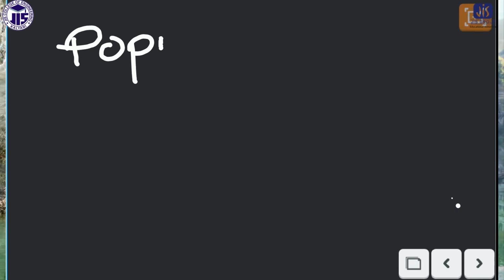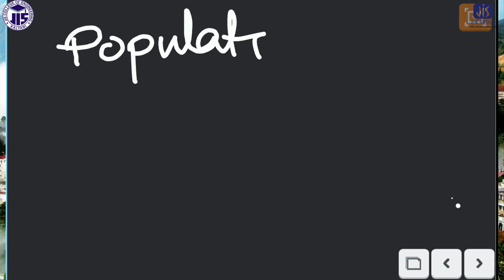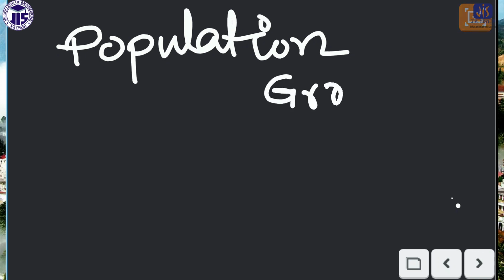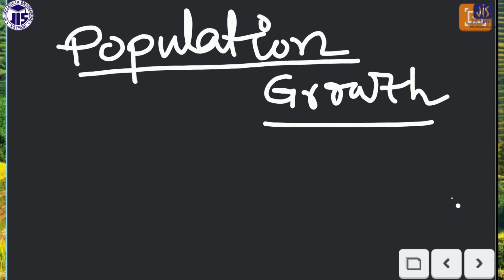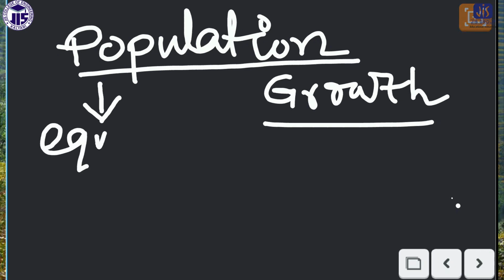Okay, in this class, what we discussed in today's class: first of all we discussed what population growth is. This was the first topic of today. Then we discussed how we can develop the equation of the exponential growth model.